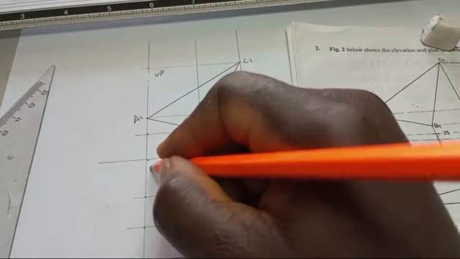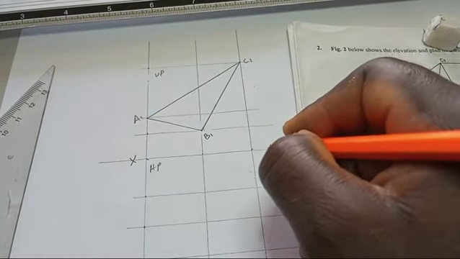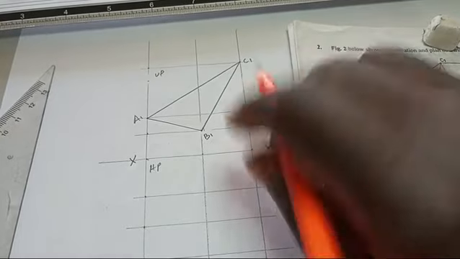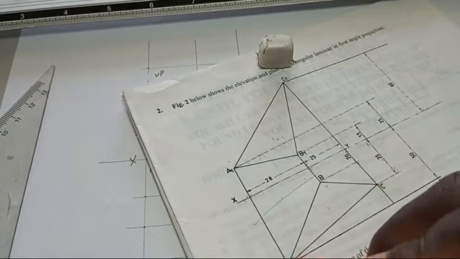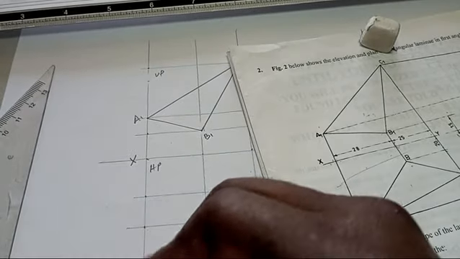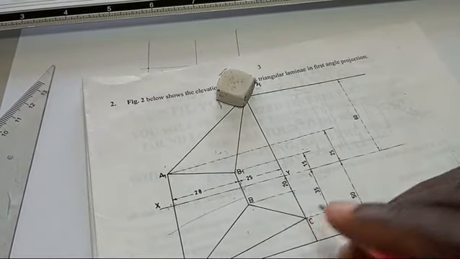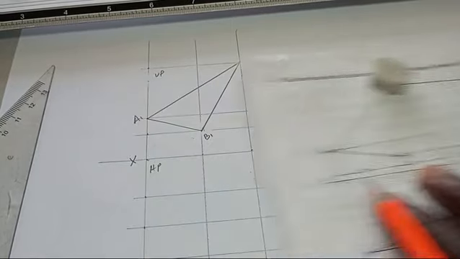Now the view on the horizontal plane. Don't forget, this is our XY line. For the horizontal plane, our A is on the far left and it is 50. So our A will be here. Then our B will be 20 in the middle.